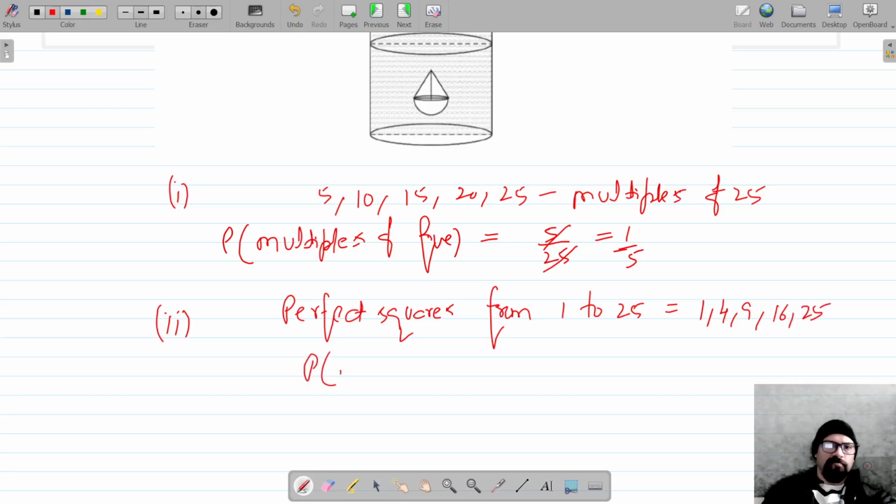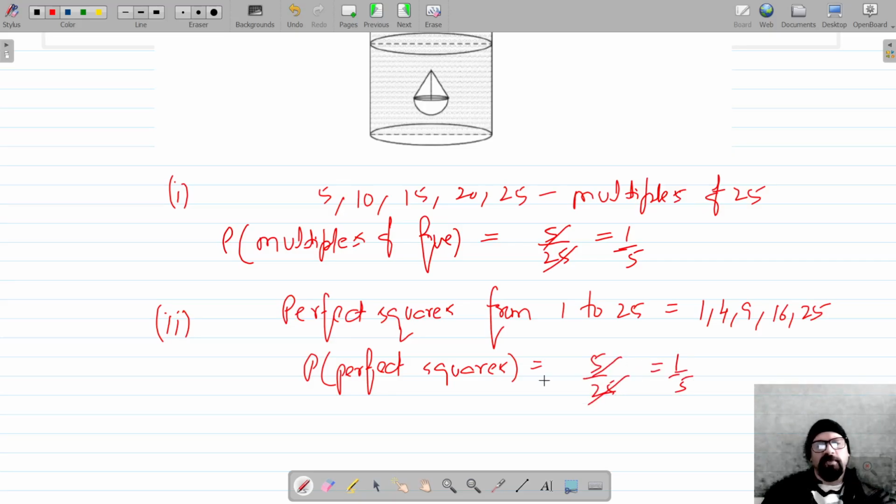So the probability of perfect squares: perfect squares are 5 and the total is 25. So this is equal to 1 by 5. Now, the third one is to find the probability of prime numbers.